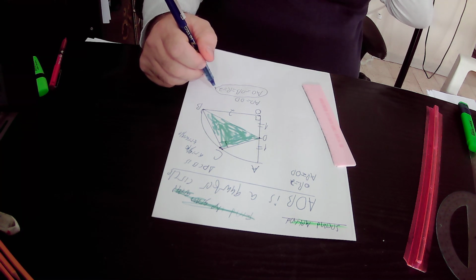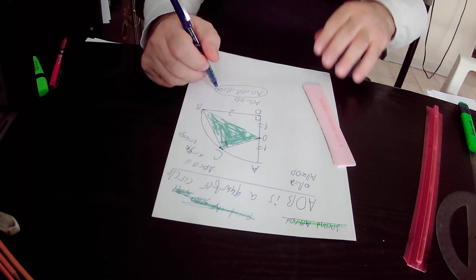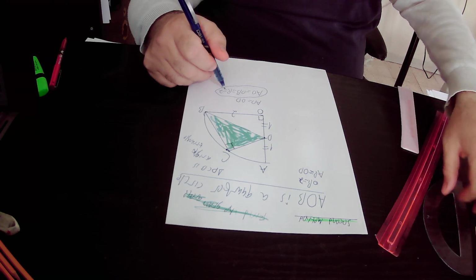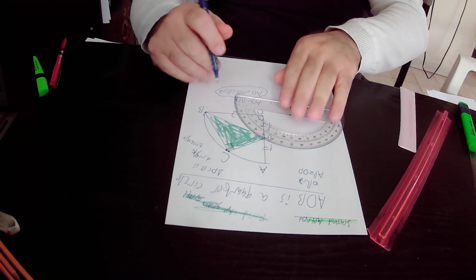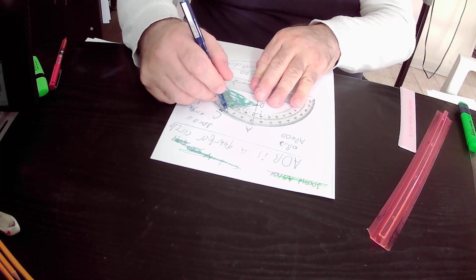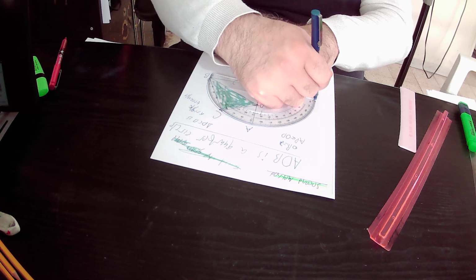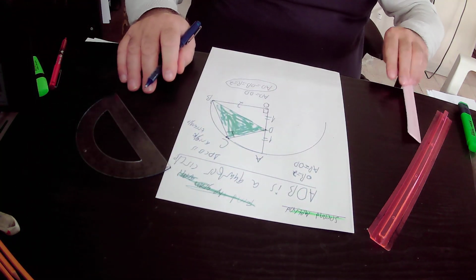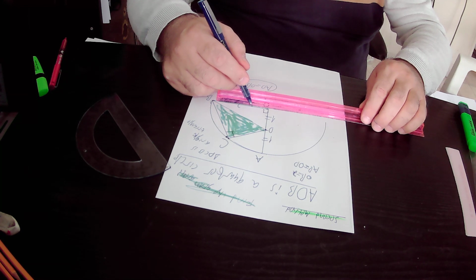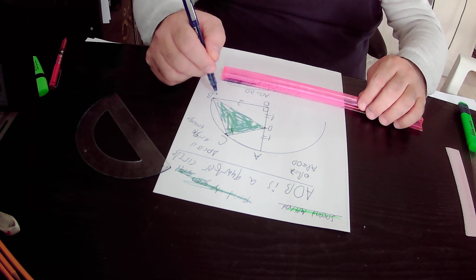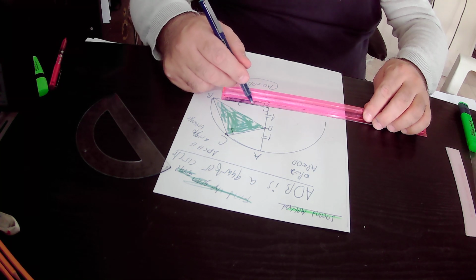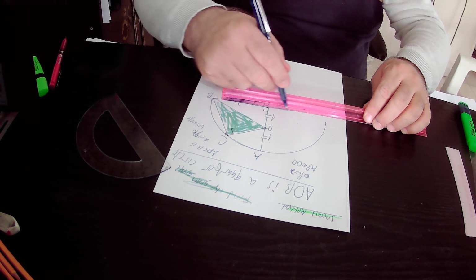In the next step, we will complete the quarter circle to a circle, and we will extend BO by a straight line until it touches the semicircle.